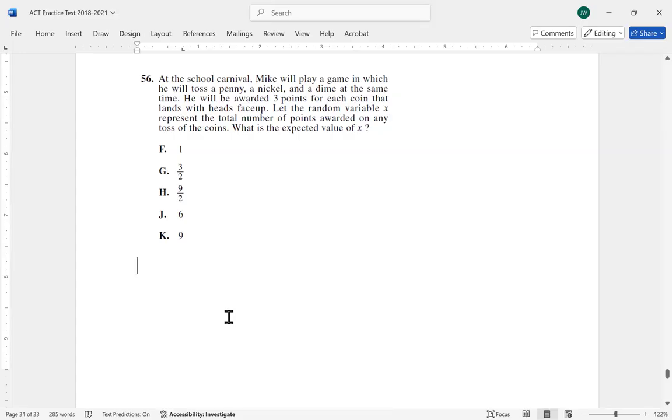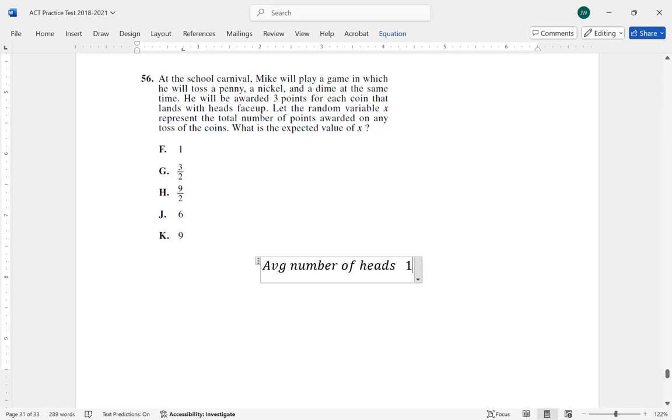What is the expected value of x? So he ends up winning 3 points for each heads.